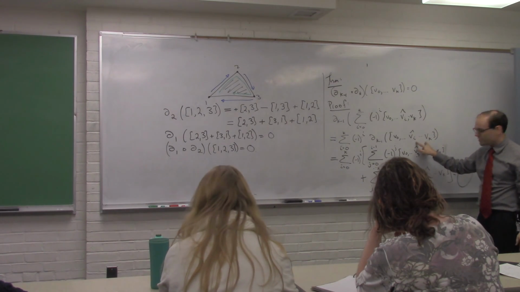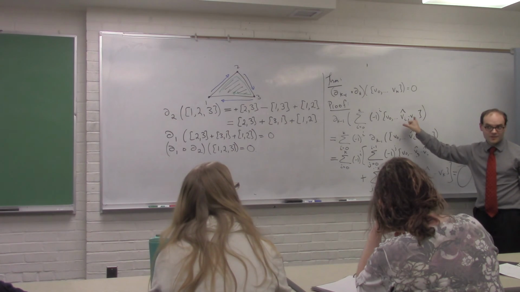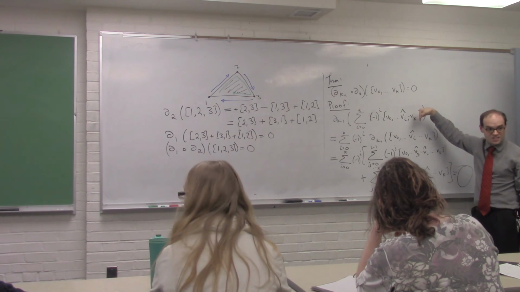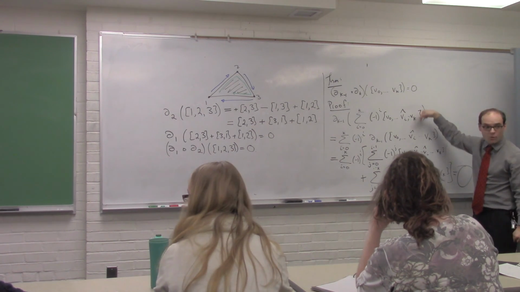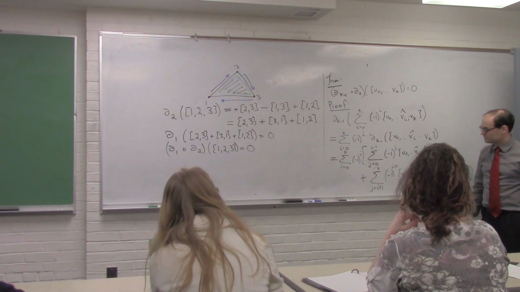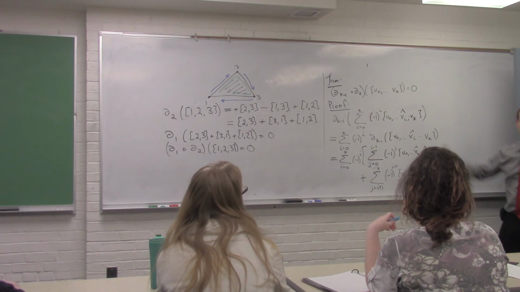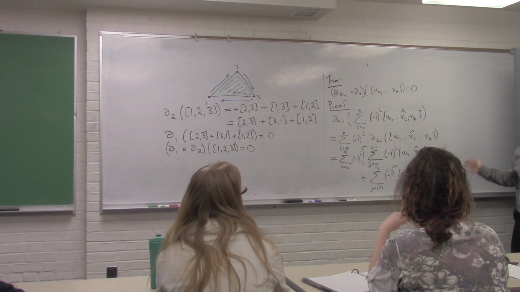But everything from vi plus 1 on has shifted over 1 to the right. And so I picked up that minus sign with respect to what I would have had if it wasn't gone. You could express that as saying that this is a j plus 1, and then everything cancels. And that is it. End of proof.